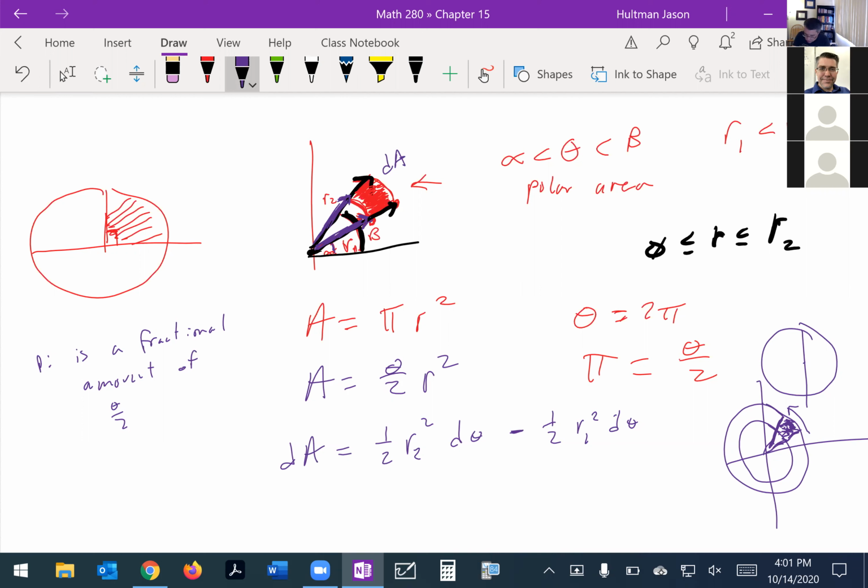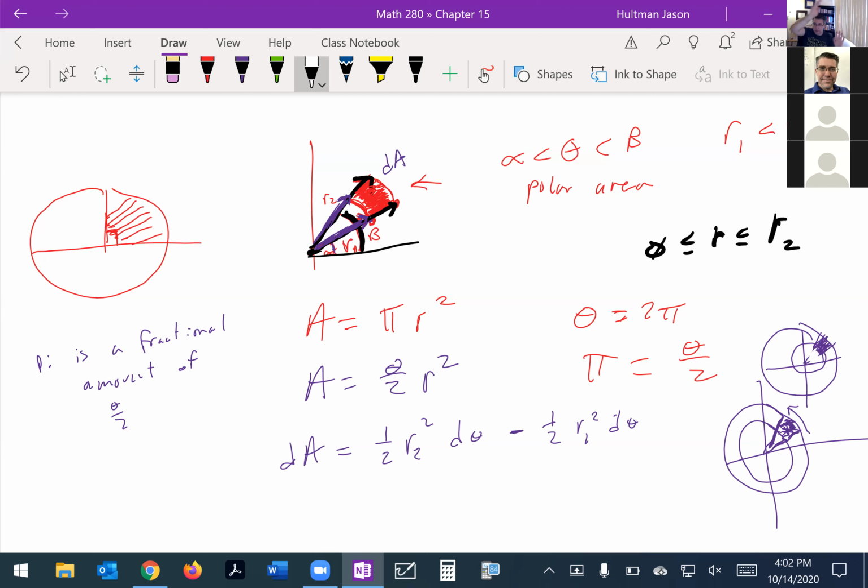Drawings aren't so good today. Okay, so let me go to white here. That's going to erase the inside here, right? So the outside area of the circle minus the inside area of the circle. That's how much the area is changing as the angle changes.